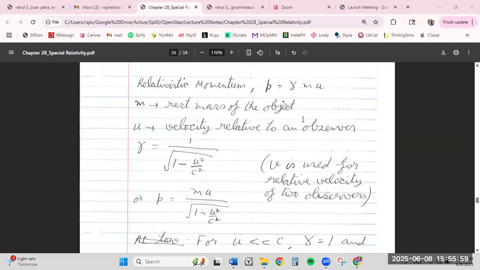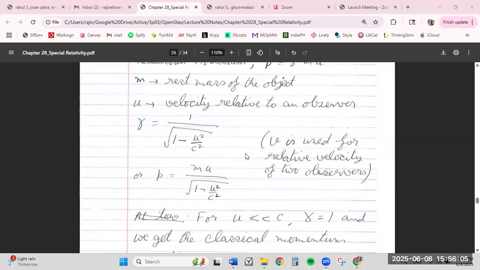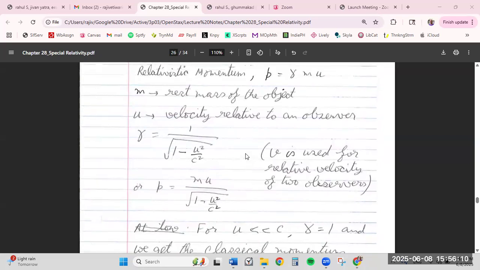It's basically the mass that we have been talking about in classical physics. u will be used to represent the velocity of the object relative to an observer. And then gamma, you will recall, is 1 over the square root of 1 minus u squared over c squared.